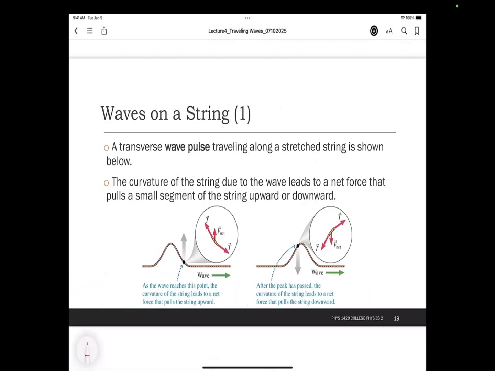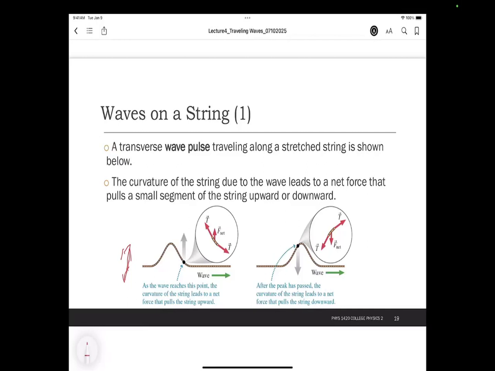You can see, this is a transverse wave, so this goes up and down to give a wave to this string.